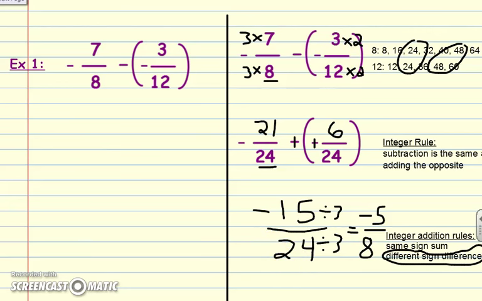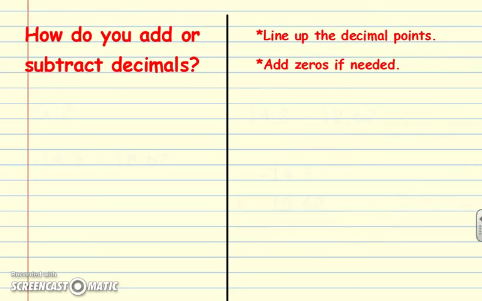So that's how we do fractions. Now, how do you add and subtract decimals? First of all, you need to line up the decimal points, and then add zeros if you need. Our first example here is negative 14 and 3/10 minus 18 and 62/100.